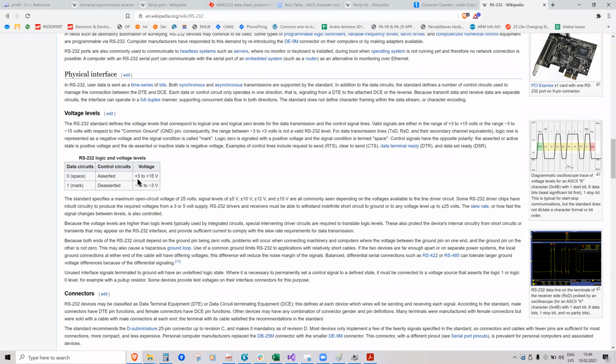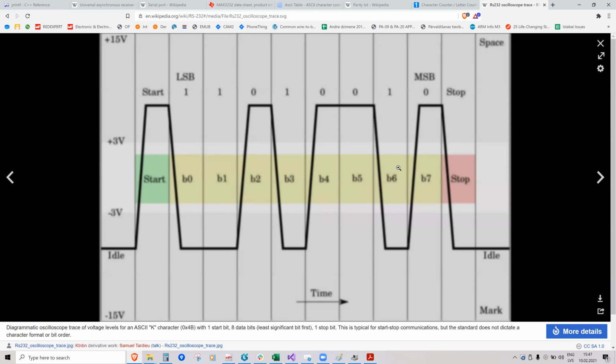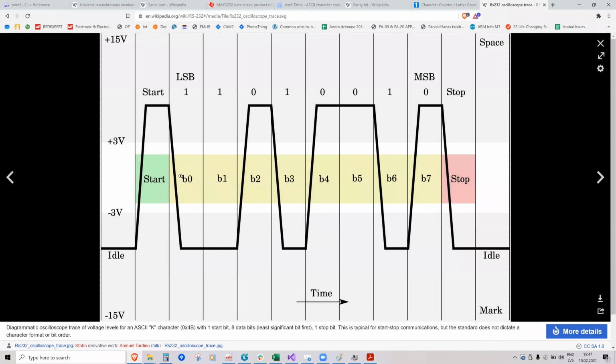It's actually negative to positive. So when the line is idle, it outputs some negative voltage, and when it sends, it sets to a positive voltage. The reason for it is you get a higher amplitude of the signal, so you can send it over longer lines, and you get longer distances with this.